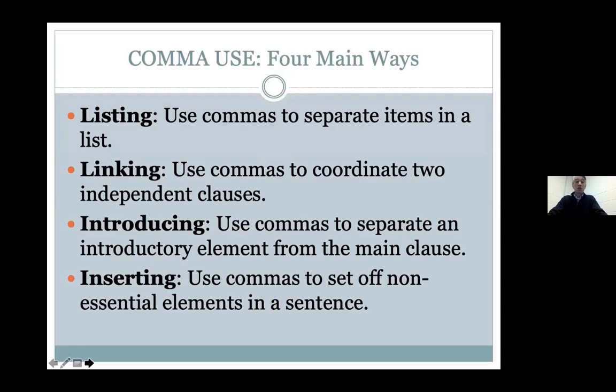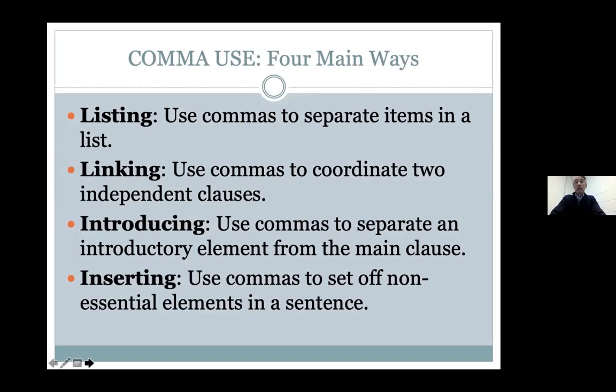So what are those ways? Well, the first one is when we have a list. We have separate items in a list, and we can use commas to separate them. The second one is when we're linking ideas, and this is when we have two independent clauses. An independent clause is really like a separate sentence, or could be a sentence, but when we're linking, we're using commas to combine those into one sentence.